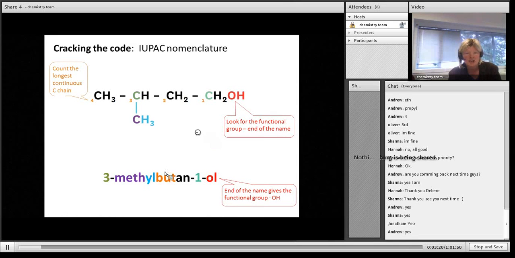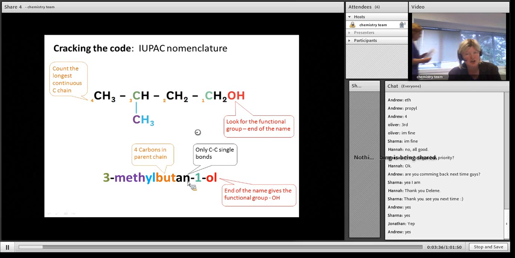The orange, the but, tells you it's got 4 carbons in the longest continuous chain that contains the functional group. So that's the orange. The an tells you it's only got carbon-carbon single bonds. If there was an alkene in here somewhere, then this would have been butene, with an en over here.